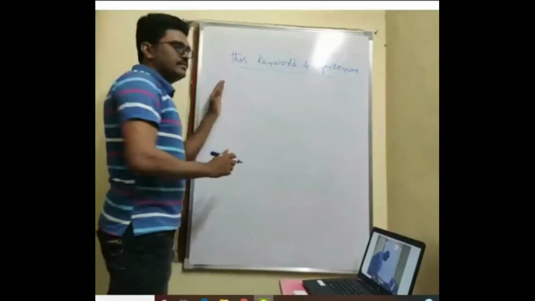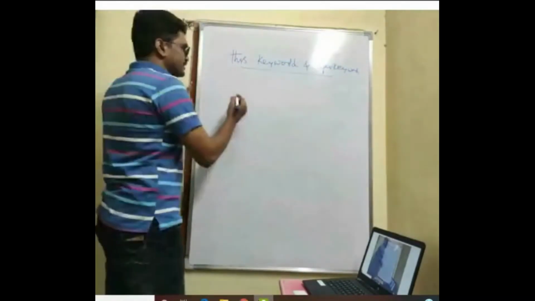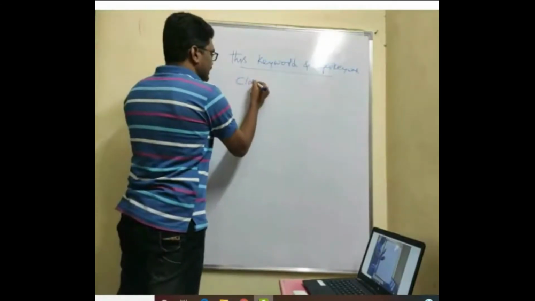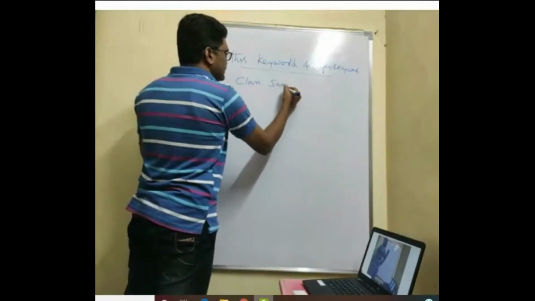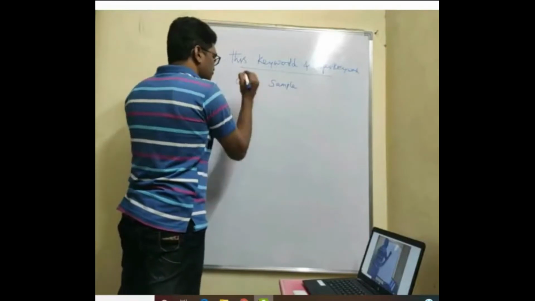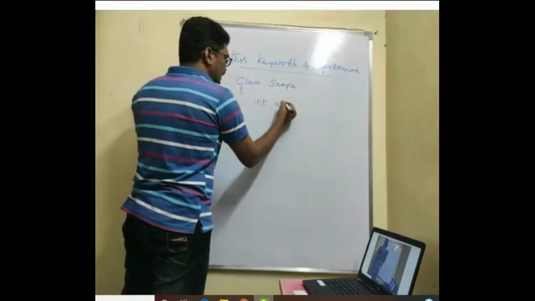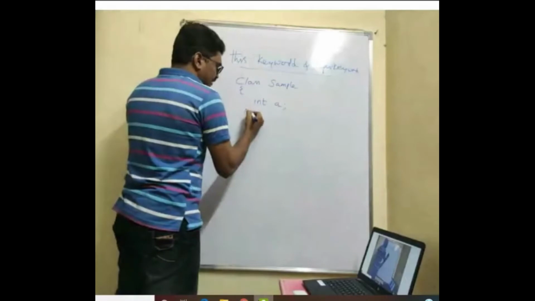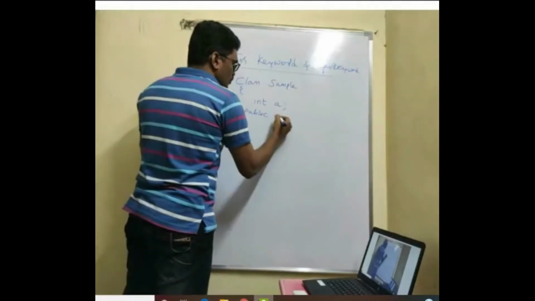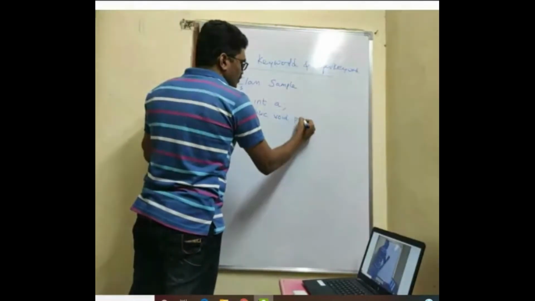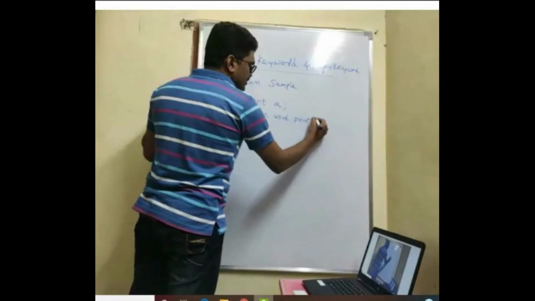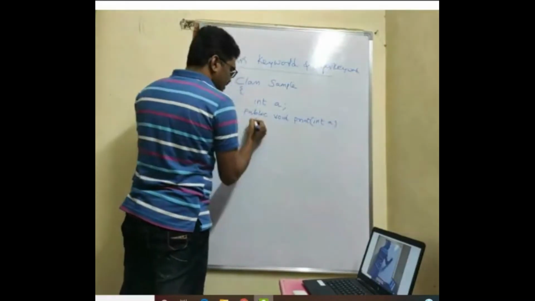For example, I take an example like this: class sample, int a. Now I'll write public void print, int a. A is equal to a.